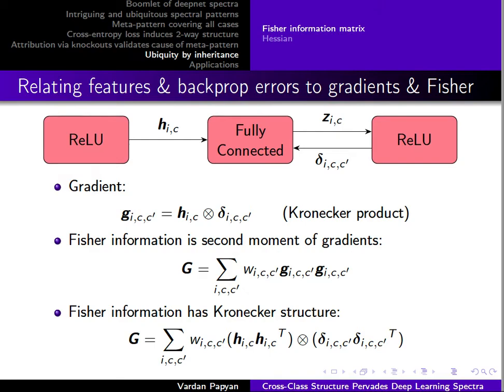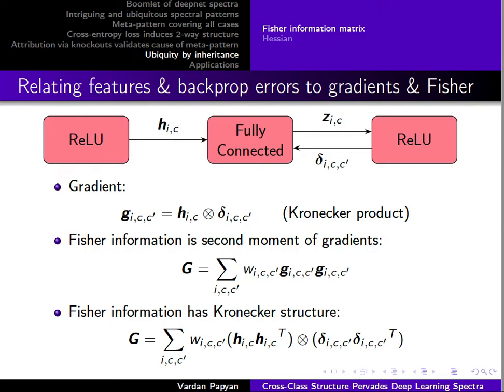Well-known fact. It is also easy to show that the Fisher information is a second moment of these gradients, weighted by some weights. Now you can simply plug the equation at the top of the gradients into this second moment, and you would get that the Fisher information has a certain Kronecker structure in it.